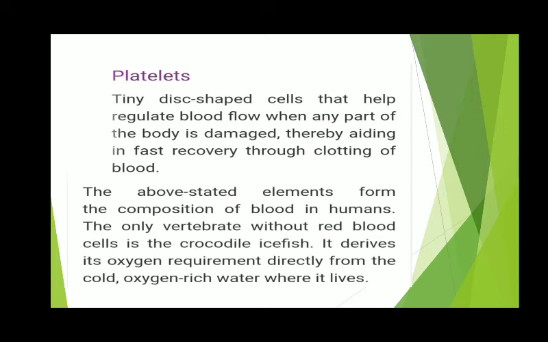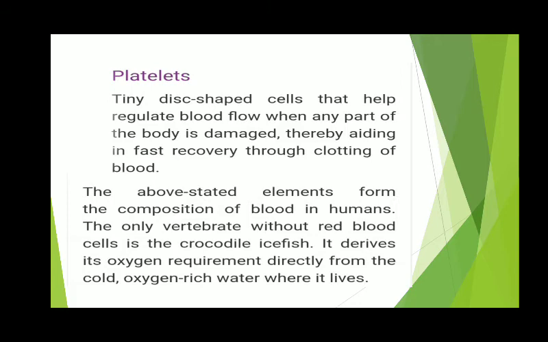The only vertebrate without red blood cells is the crocodile ice fish. All vertebrates have red blood cells, but there is an exception. The crocodile ice fish does not have red blood cells.